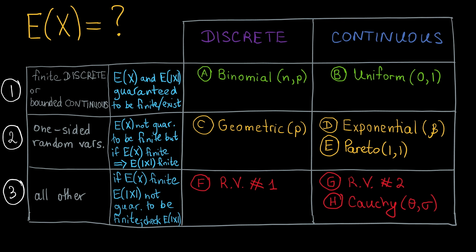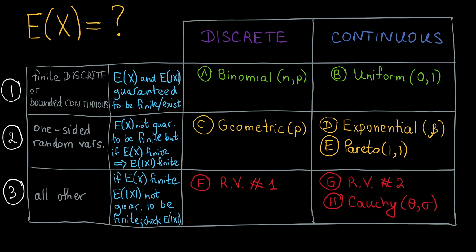Therefore, whenever we have a discrete random variable taking on finitely many values, which is the situation we explored here in row 1 for discrete random variables, the expected value is guaranteed to exist. And both the expected value of x and the expected value of the absolute value of x are guaranteed to converge.